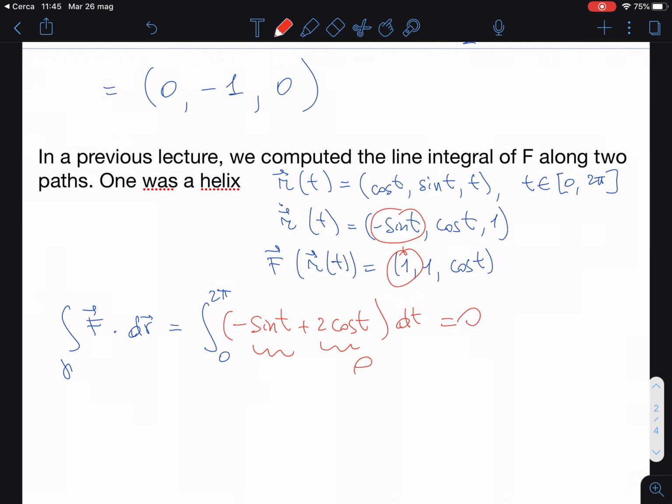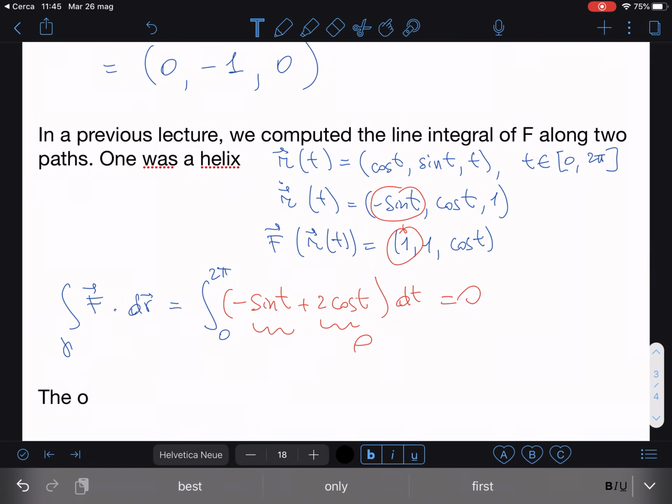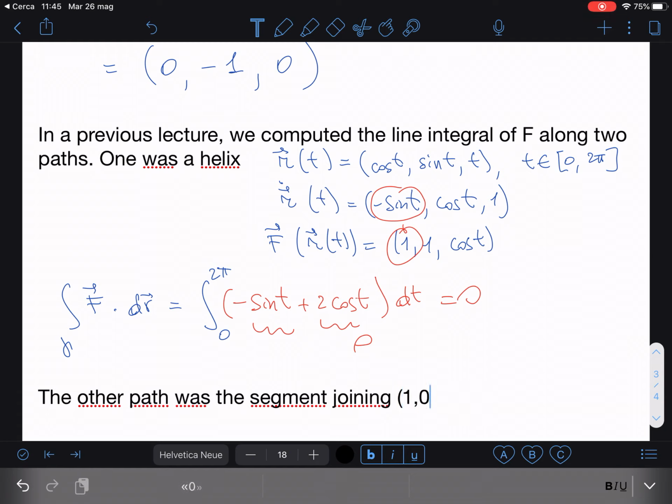And the second attempt was on the other path, the segment joining the initial and the final point. The first point was (1, 0, 0), and the last point was (1, 0, 2 pi), sorry, not (1, 0, 1, 2 pi).